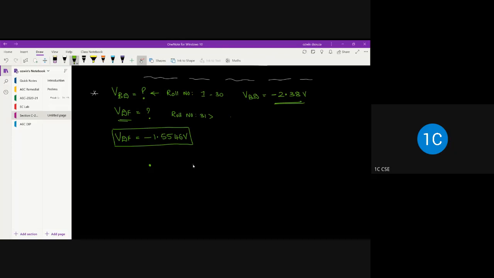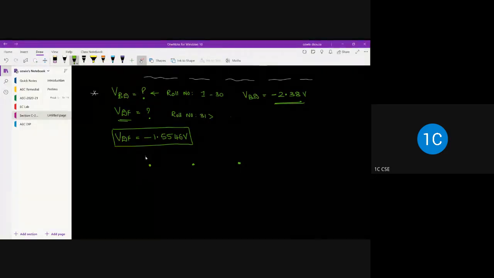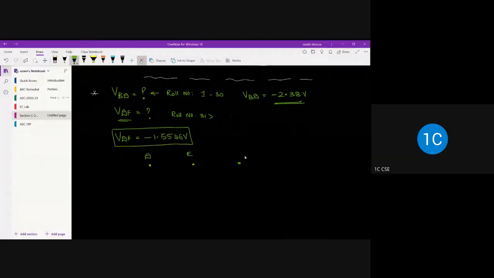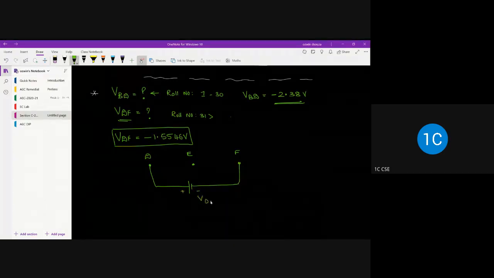I just first draw the nodes. So from D to F, I am supposed to find out, right? So I have to move from node D to E and then E to F. Since VDF is the unknown potential, normally I will consider it as a battery with the unknown potential VDF. This is how usually I do it.